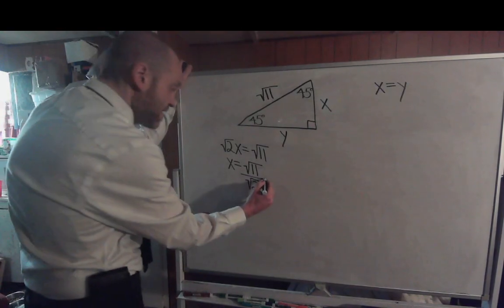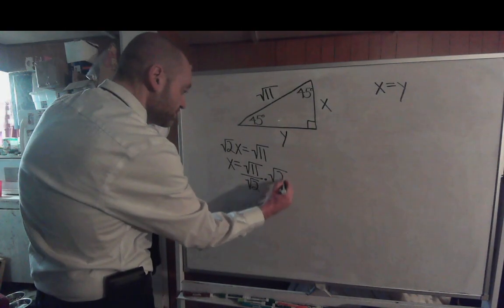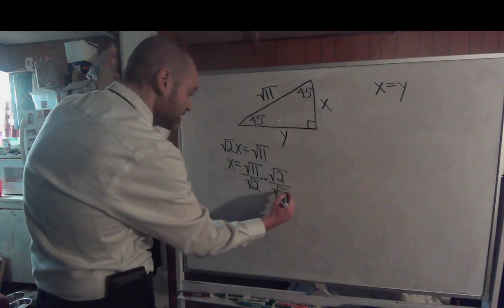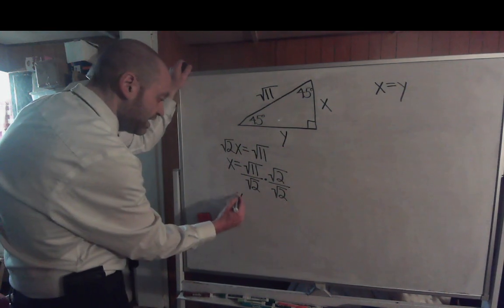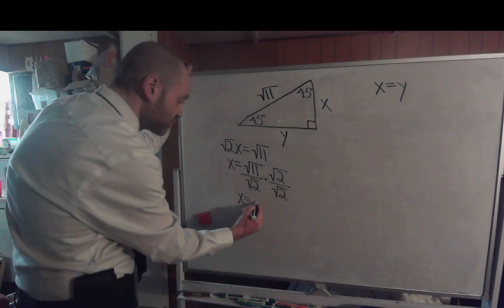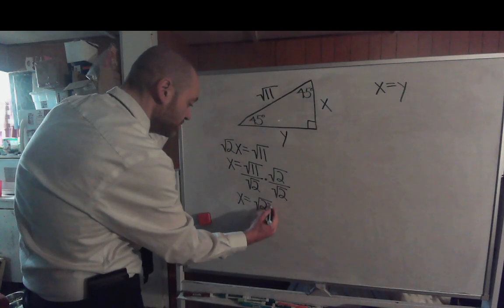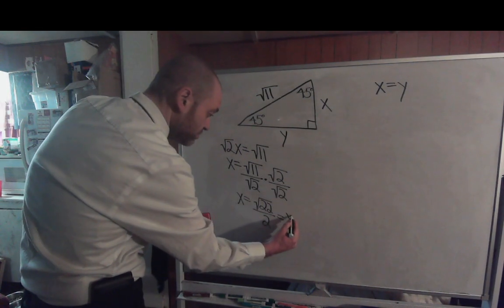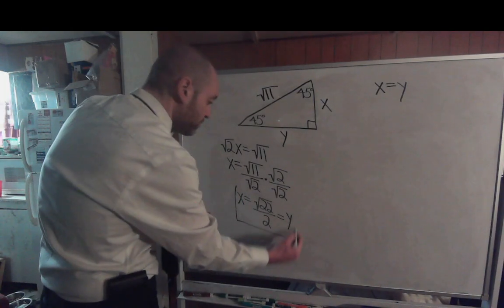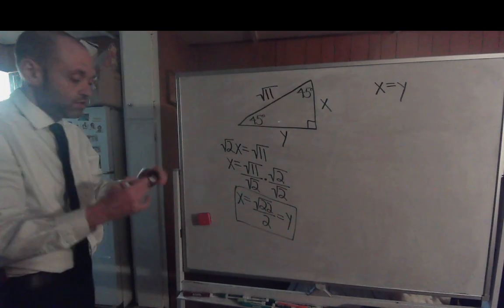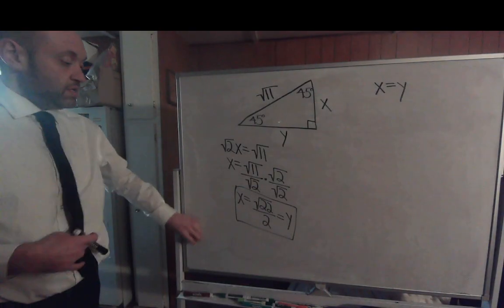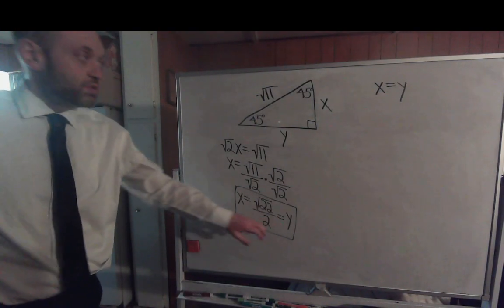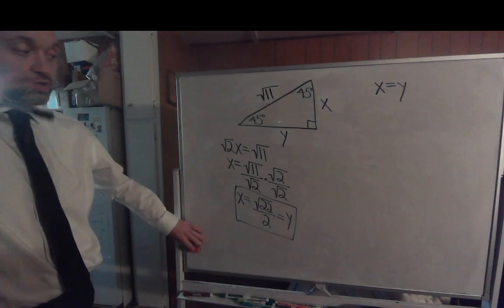So now we just rationalize the denominator, and you'll end up getting that x equals the square root of 22 divided by 2, which actually also equals y, since it's a 45, 45, 90 right triangle. So you get x and y both equal the square root of 22 over 2.